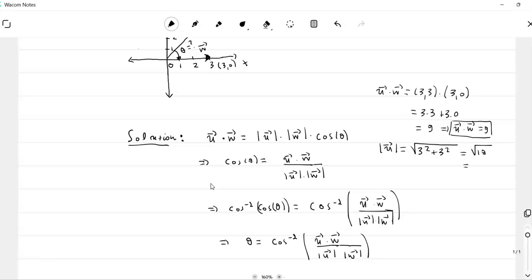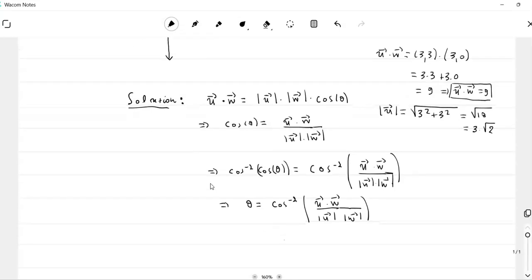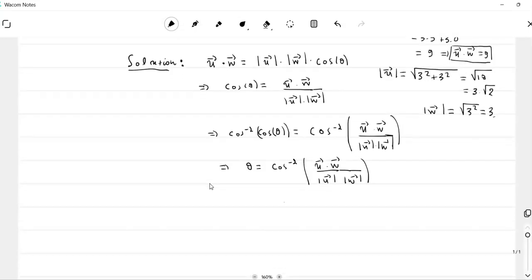So this is 3 times square root of 2. And of course the length of W is 3.